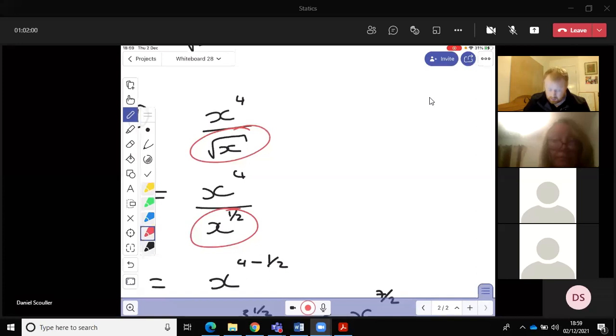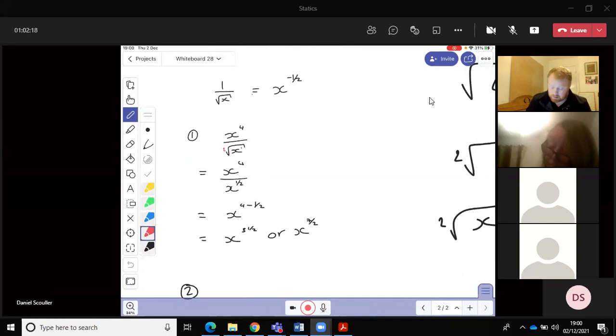Essentially we're saying it's x to the power of 1 to the root of 2. Just to throw you. So it's just one of these wee quirks. It's just a standard square root.